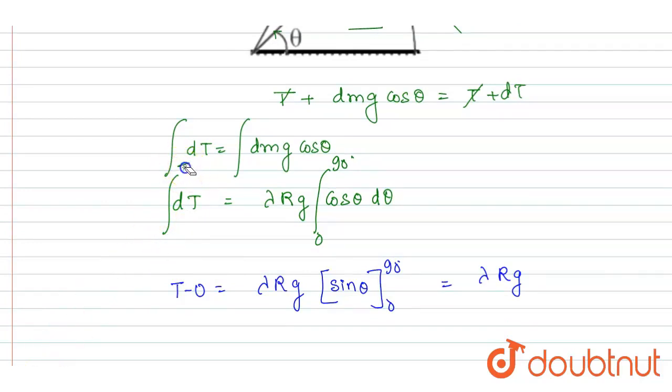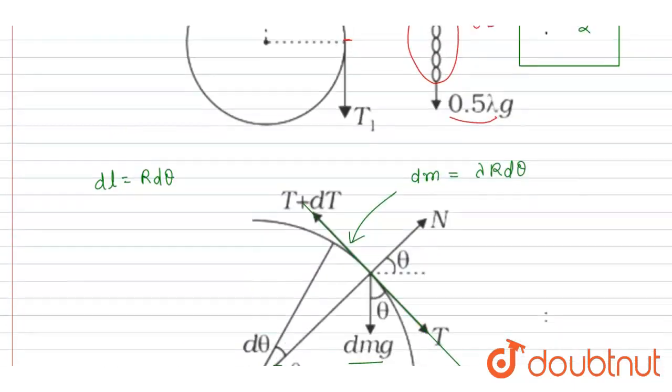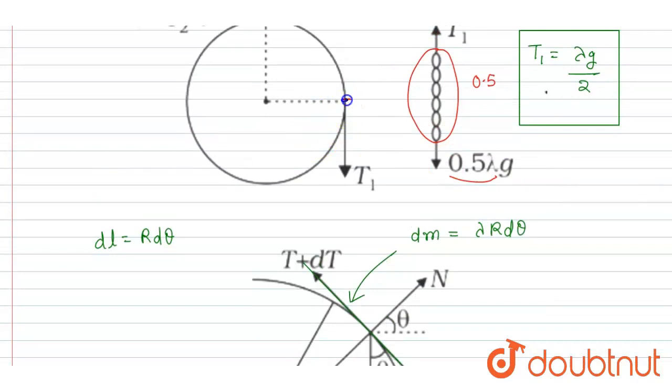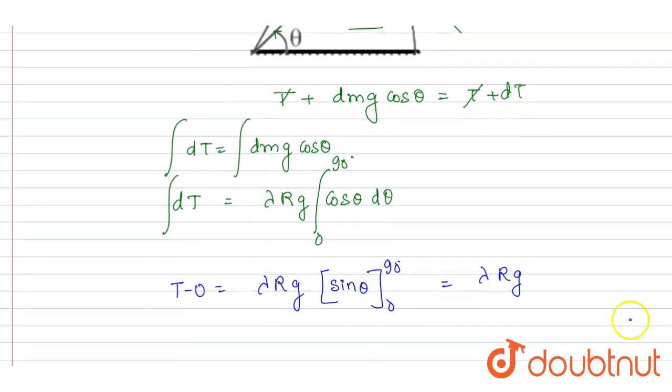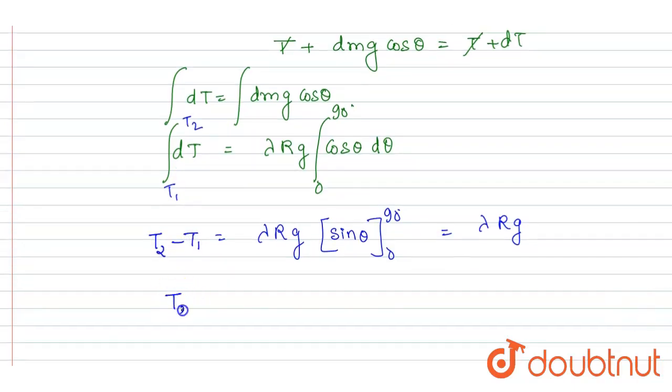We already know that at theta equal to 0 the tension is T1, and at the other point the tension is T2. So this delta T is T2 minus T1. Putting the values, T2, the tension in the thread, is equal to the integral result plus T1.